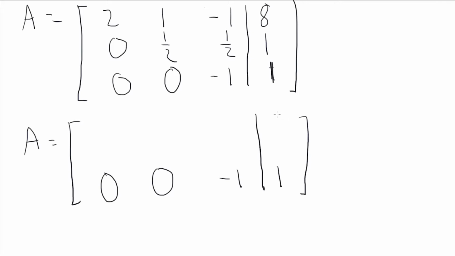So let's see what we can do here. Now if you notice, you have line 3. If you take a look at line 3, if we multiply that by 1/2, well, we can cancel this value right here, and this will be equal to 0.